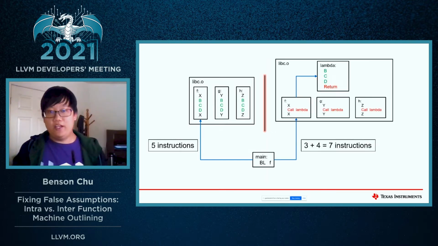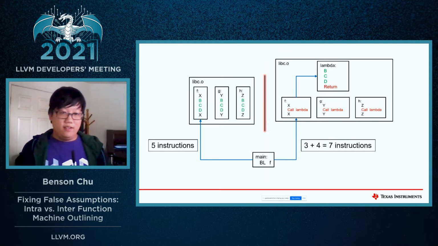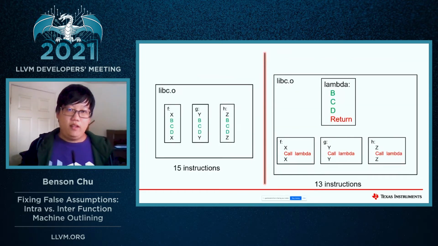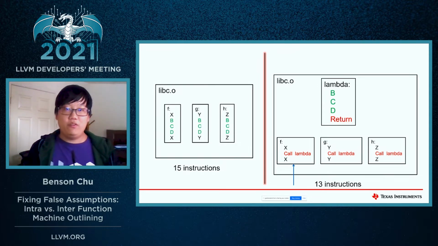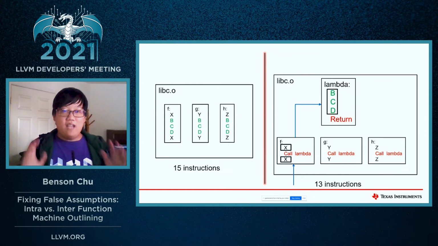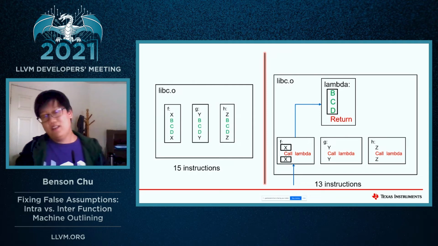However, if we link with the outlined version, then we end up pulling in 7 instructions. And this is because when we pull in the function f, we end up pulling in lambda, and what ends up being pulled in is not only the 5 instructions that used to be part of f, but also 2 extra instructions that were used in order to generate this outline.